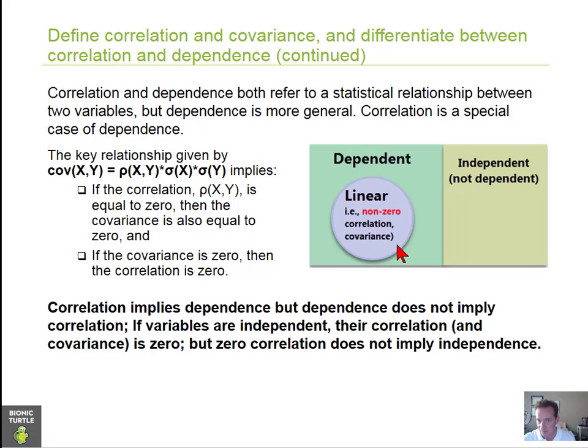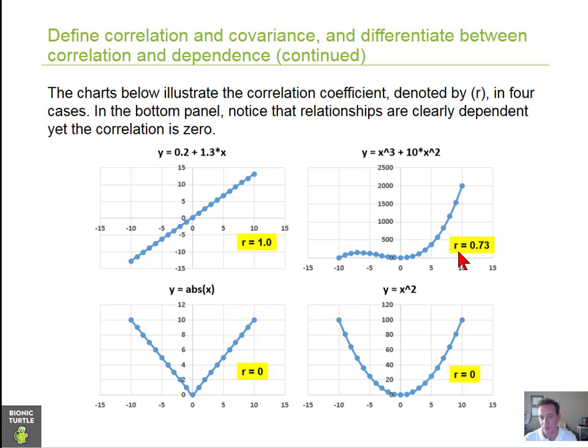So here's that key idea. Dependence does not imply correlation. If variables are correlated, that does imply dependence. And graphically, this is also from the learning spreadsheet that's got several sheets in it if you want to take a deeper dive.